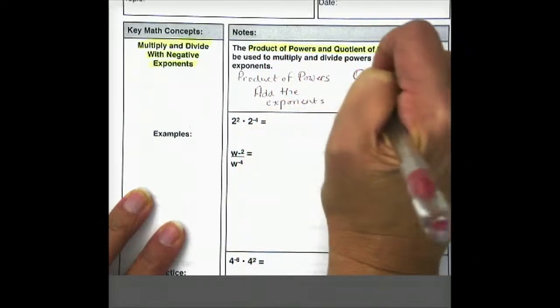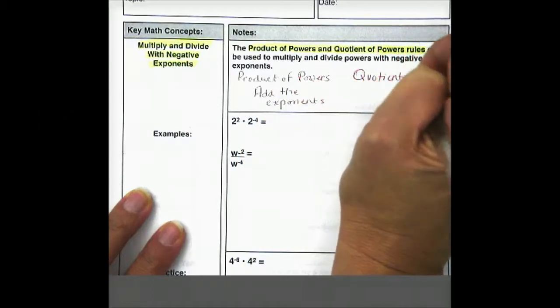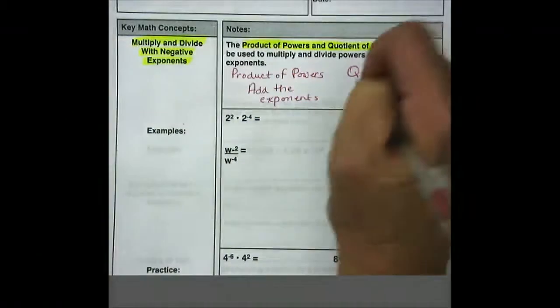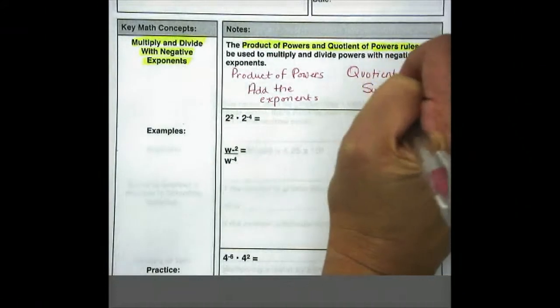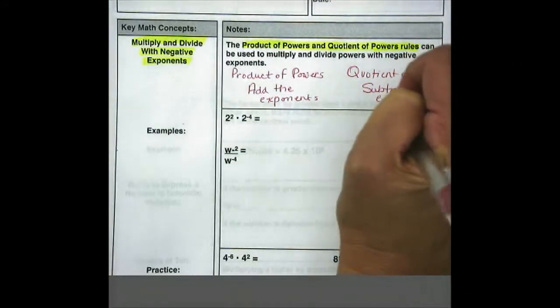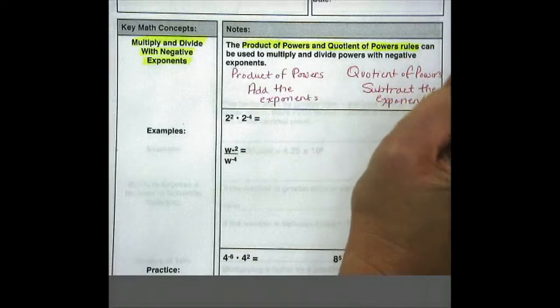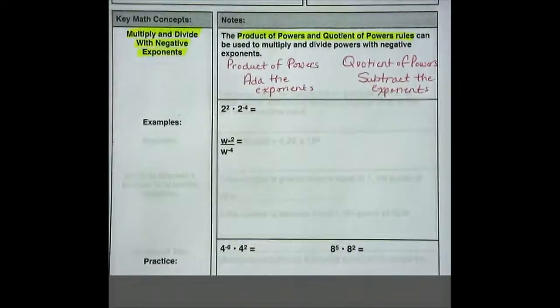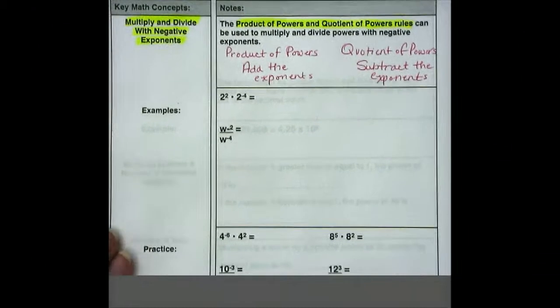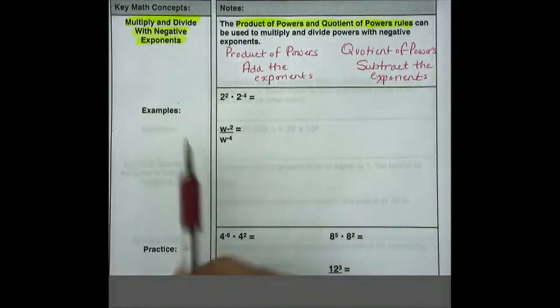The quotient of powers, we're going to subtract the exponents. The only difference this time between this and lesson 1-3 is that we're going to have negative numbers to work with. So we're going to have to use our rules for adding and subtracting integers to help us with this.